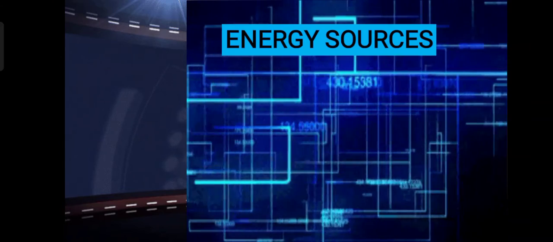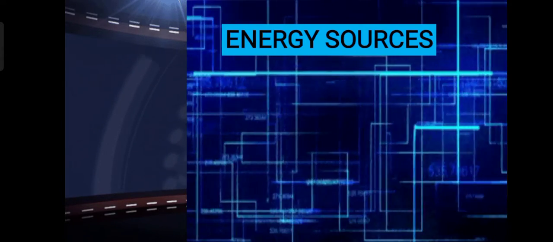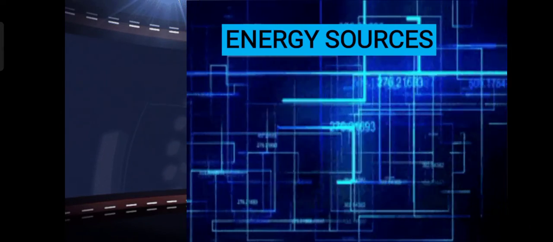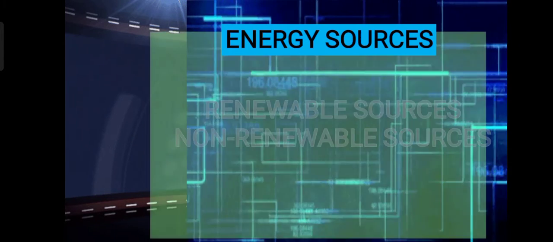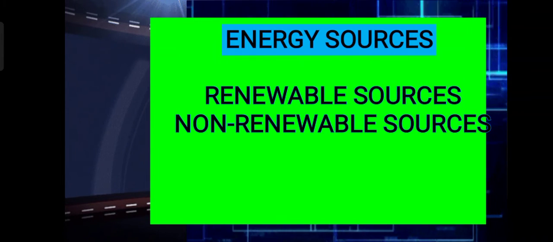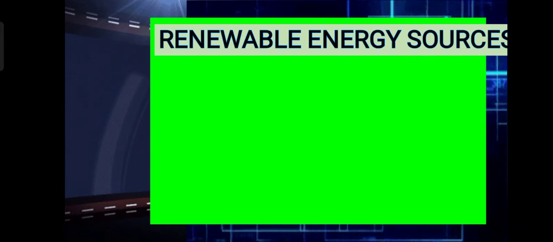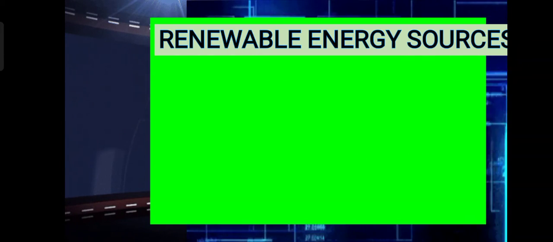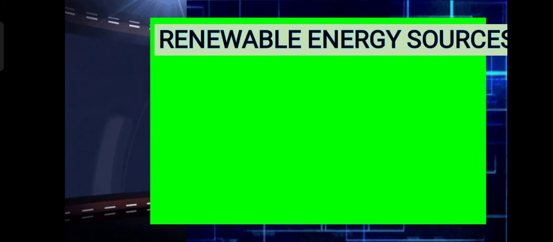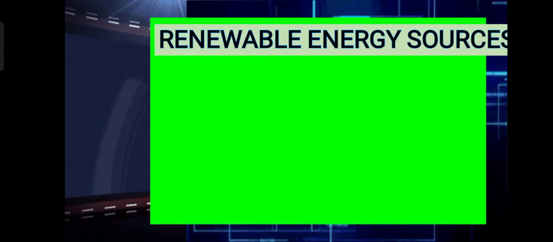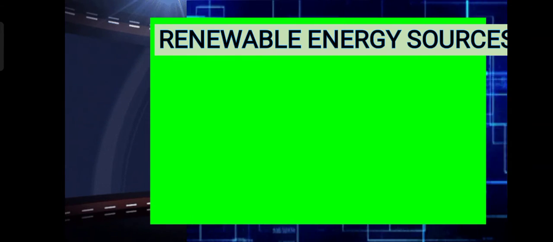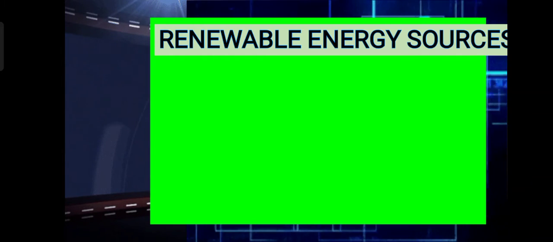Energy sources. There are many forms of energy that exist. These energy sources can be classified into renewable sources and non-renewable sources. So when we say renewable sources, these are produced from sources that do not deplete or can be replenished within a human's lifetime.